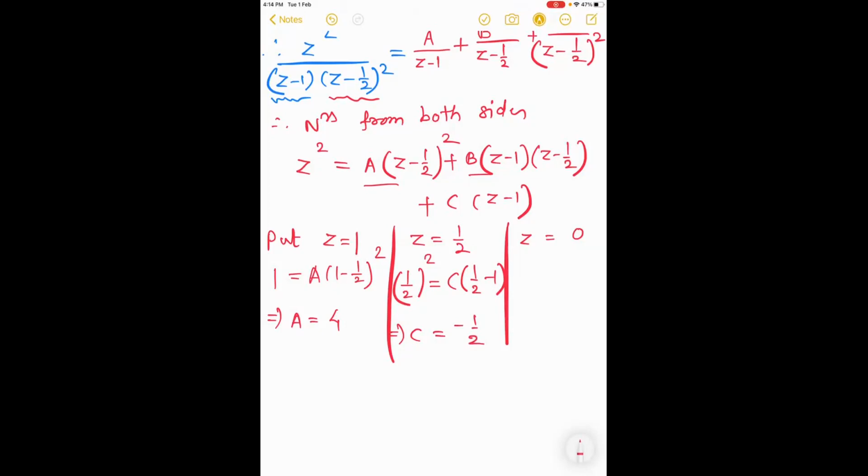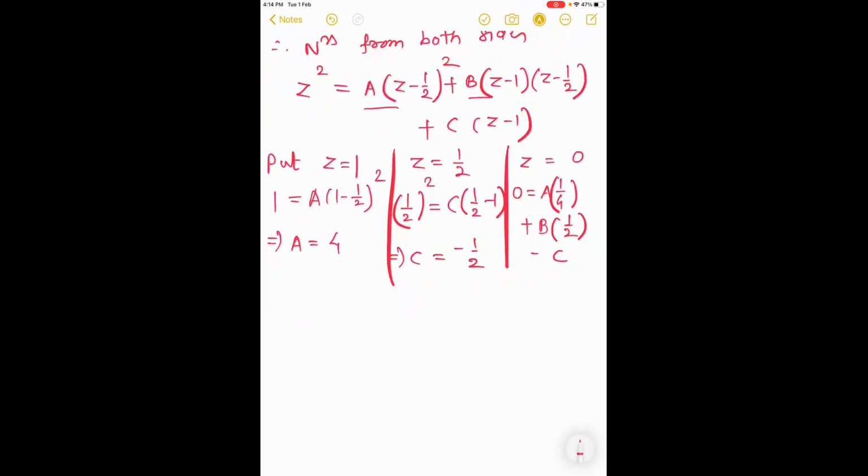Now if I put z equal to 0, then the left side is of course 0. Right-hand side is A into 1 by 4, plus B into (0 minus 1) and (0 minus half), that is half, and plus C into (0 minus 1), which is minus C. Now you have A and C, so you can get the answer for B. Can you tell me what B is?